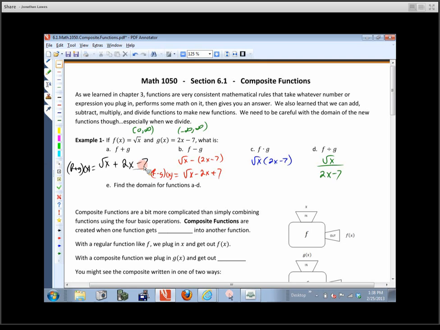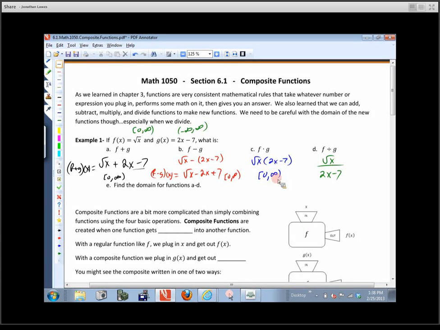Even though I can plug negatives into g, because I can't plug them into this one term that's part of that function, I have to use that smaller, restricted domain from 0 to infinity. What is it for the second one, f minus g? Same thing, from 0 to infinity. What about the third one, the product of the two of them? Same thing, from 0 to infinity.